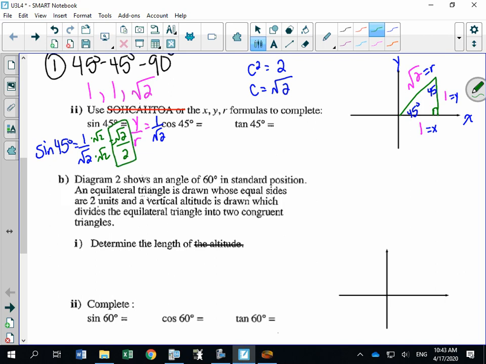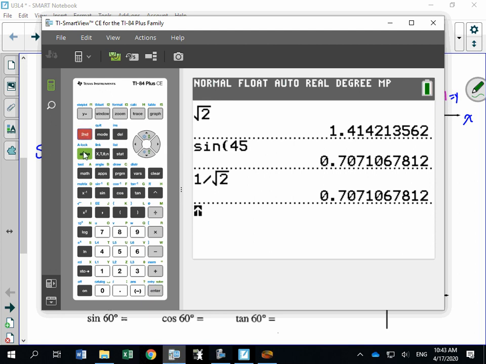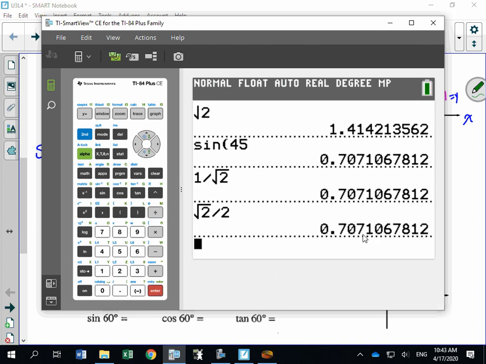And that would be my answer. And if I go to here, let's just check that answer. Square root of 2 divided by 2. There we go. Okay, so yes, 1 over root 2 is correct, but remember, we always rationalize in math.